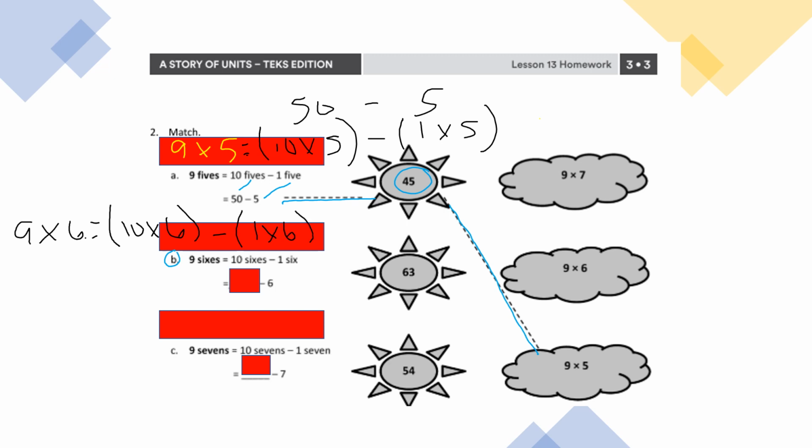Okay, so 10 times 6 is 60. So we're going to write the 60 right here. So we have 60 minus 6. Now, what is 60 minus 6? 60 minus 6 is 54.